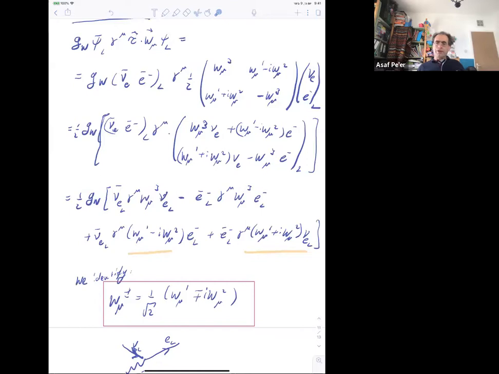Well, by construction, you're seeing all these L's around you. This is to remind us that all these interactions only connect left-handed chiral states. Remember, the right-handed chiral eigenstates don't participate in that at all.